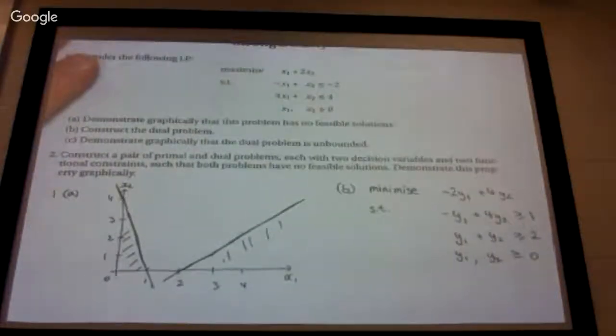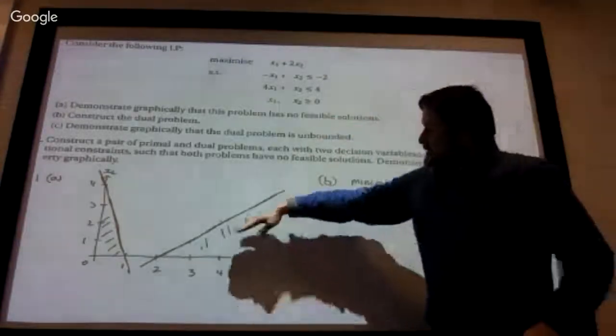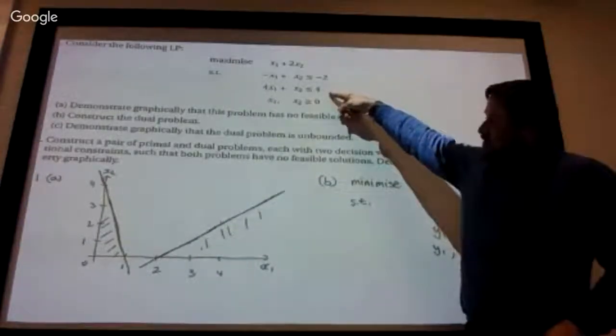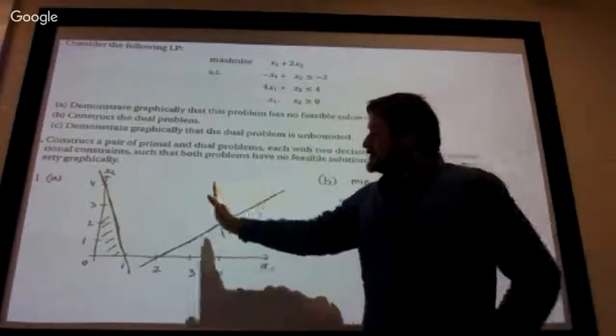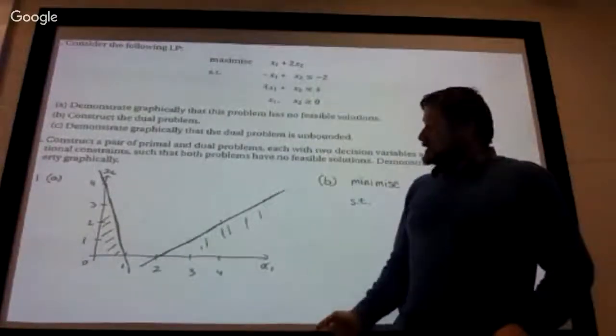So what I got was a picture that looks like this. I hope I got it right. Can anybody confirm or dispute? One of the constraints, I want you to be in this half plane. Second constraint, I want you to be in this half plane, and also want non-negativity.